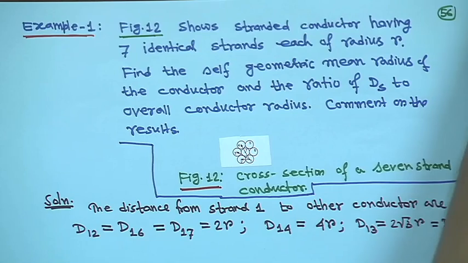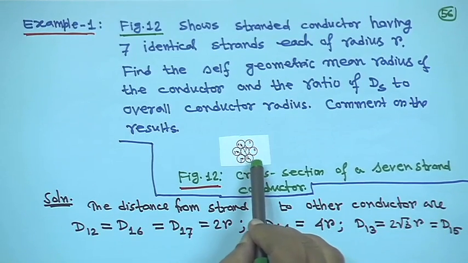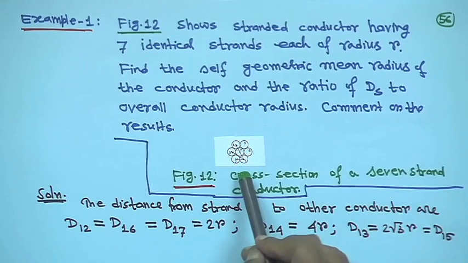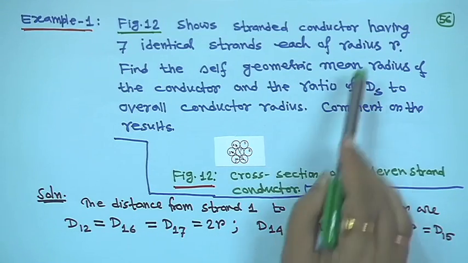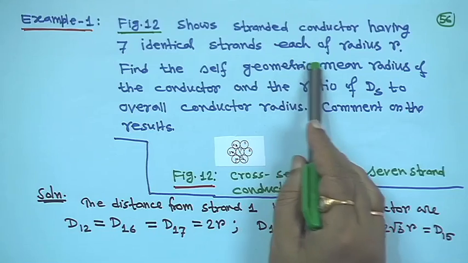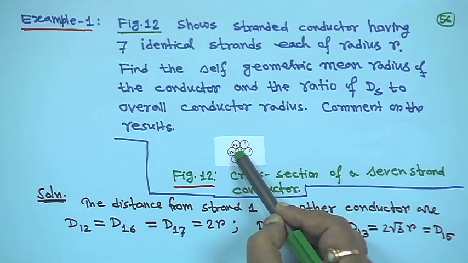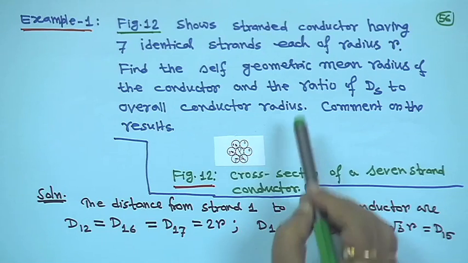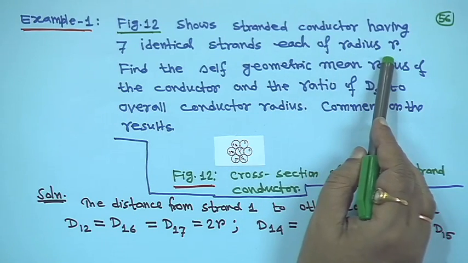So, first take example 1. I have taken this small diagram from a book rather than drawing it. This is figure 12, which shows a stranded conductor having 7 identical strands: one central strand, and surrounding it there are 6 conductors, each having radius r.